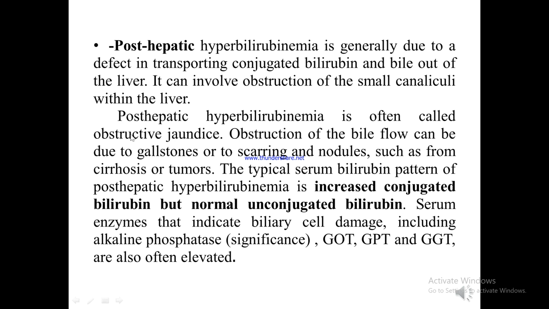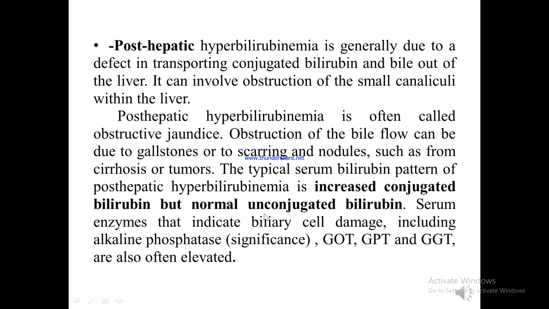Okay, another term is post-hepatic obstructive jaundice. This obstruction of the bile flow can be due to gallstones or to scarring and nodules, such as from cirrhosis, or tumors. The typical serum bilirubin pattern of post-hepatic hyperbilirubinemia is increased conjugated bilirubin but normal unconjugated bilirubin.